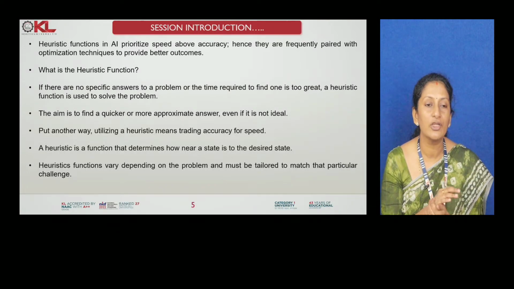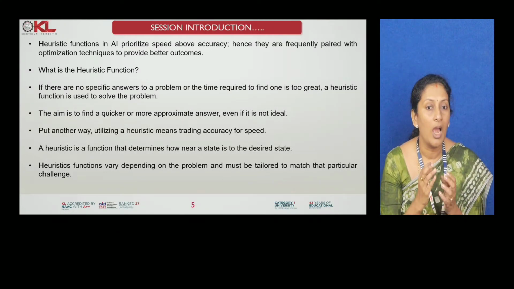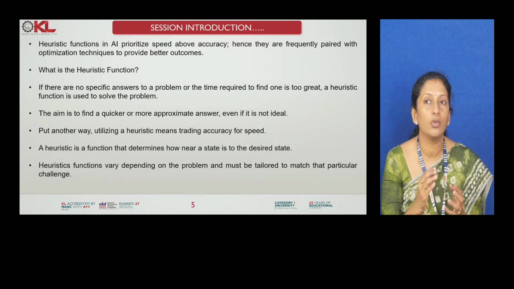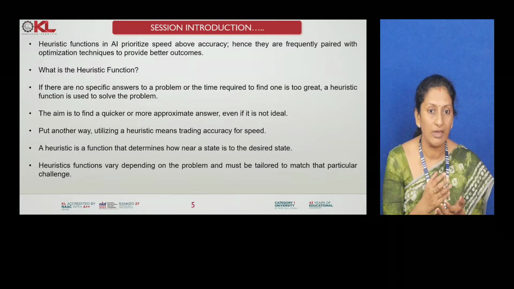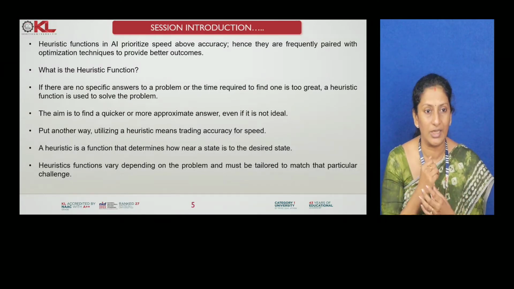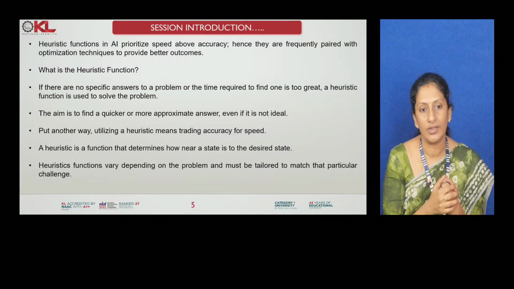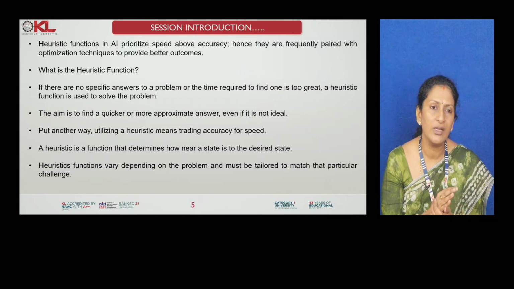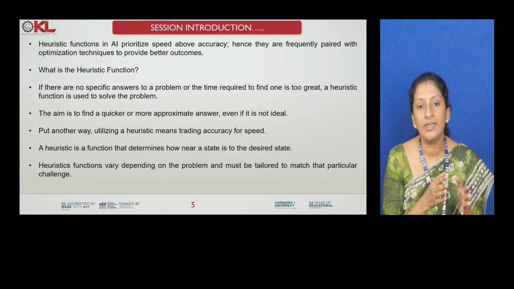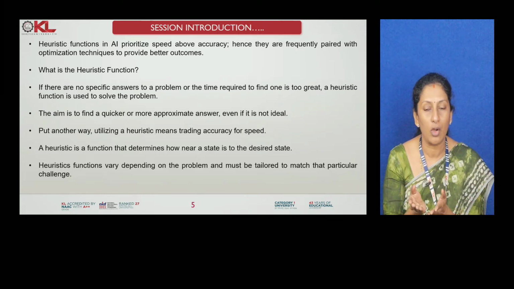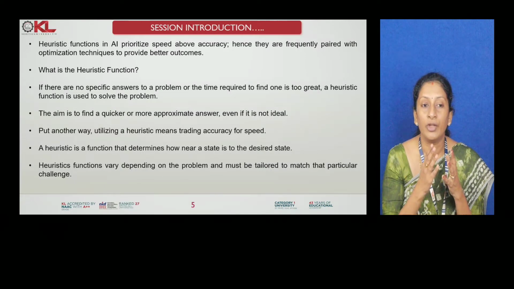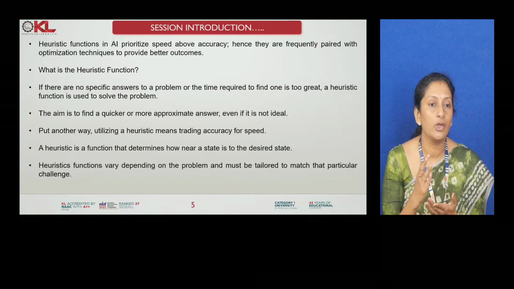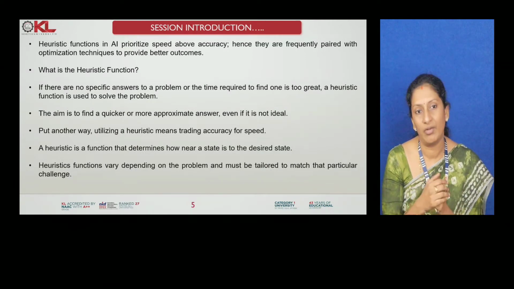A heuristic function always tries to determine how near a state is to the desired state, that means how near the state you are going to select is to the goal state. That is the work of a heuristic function, and it is not fixed. It changes from problem to problem, or from challenge to challenge, and you can define your own heuristic function to get the solution to the given problem.